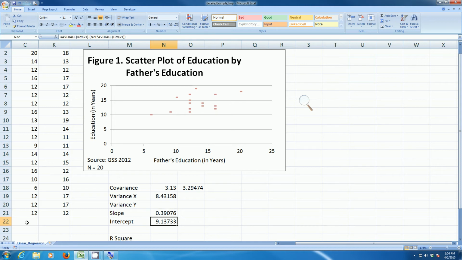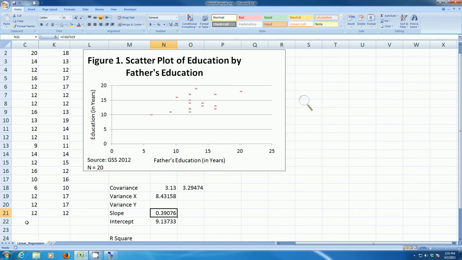So what do these things actually mean? Well, recall that the slope tells us the predicted value of the dependent variable for every unit increase in the independent variable. In this case, if we increase the value of father's education by 1 unit or 1 year, this model tells us that we increase the value of response education by just over 1/3 of a year, specifically 0.39 years.